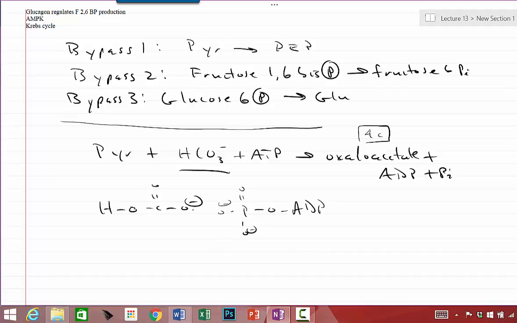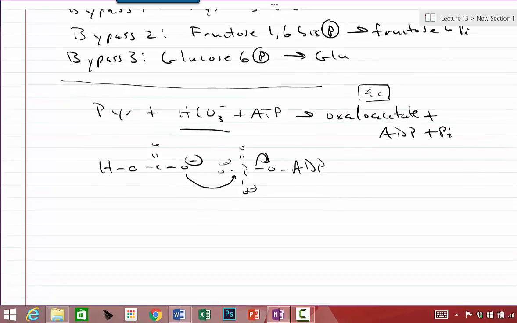We just do a nucleophilic attack right there. You guys have probably seen this dozens of times now. The ADP will leave, and now we have a phosphorylated carbonate. We used to call this carbamoyl phosphate. I think your book may call it something else, but it's called carbamoyl phosphate.